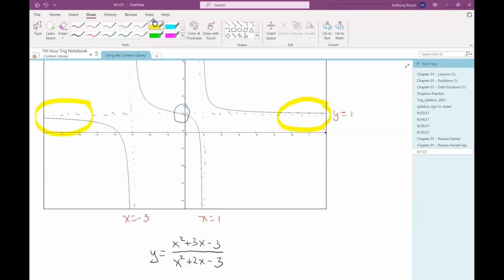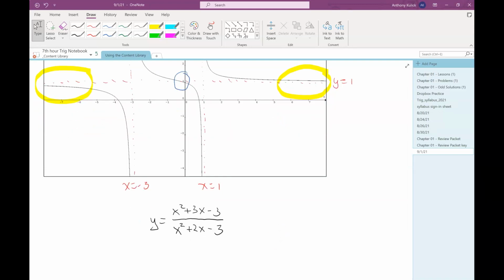Hopefully you remember when we talked about rational functions last year that we can find the vertical asymptotes for any rational function by taking the denominator and setting that equal to 0 and solving.